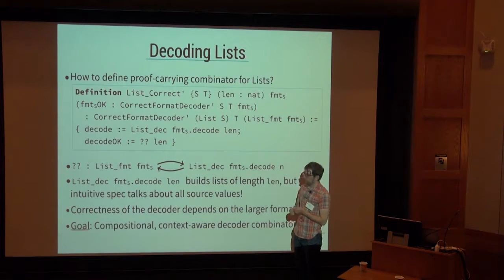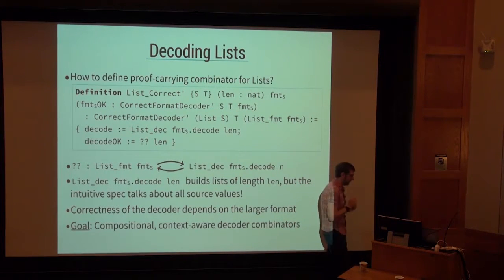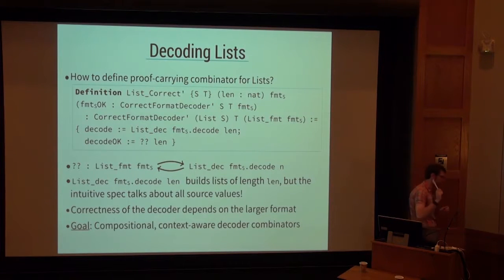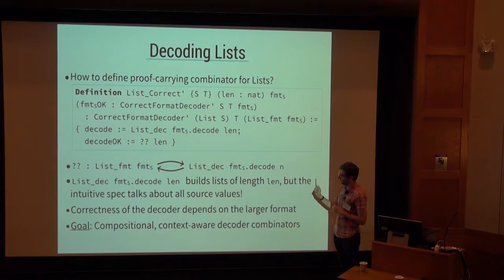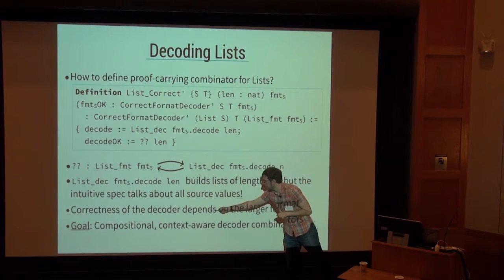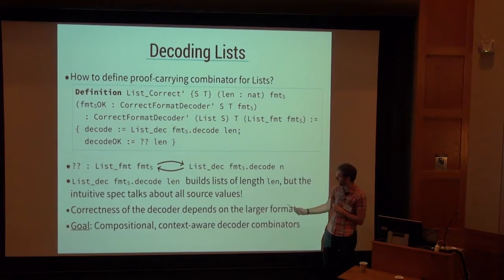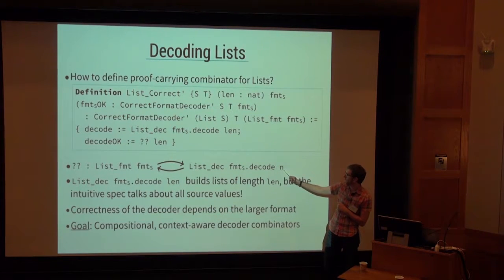And what's the intuition here? The intuition is that the problem with this format is that it's no longer a context-free format. The correctness of encoded data very much depends on the correctness of this payload. The encoded data is no longer completely independent, in the sense that proving this decoder correct very much depends on it using the right parameter for this length.